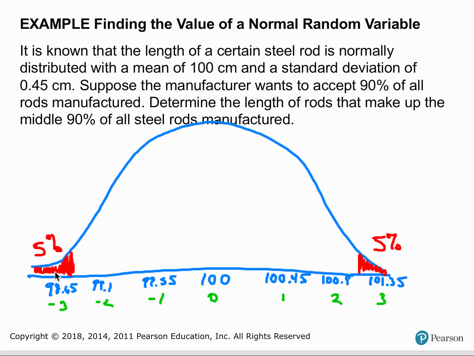Okay, so around between negative 1.7 and 1.6, it goes from 0.04 to 0.05. So let's go down to 1.7, and I get, nope, let's go down 1.6. Okay, and I get two values, I get 0.0495, and I get 0.0505.